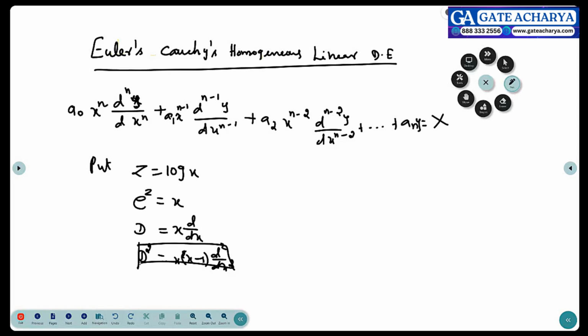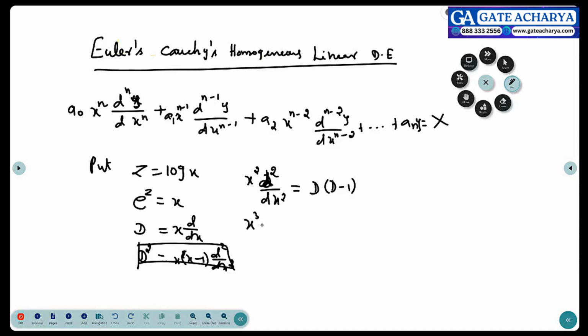So x square d square by dx square is D into D minus 1. Just a minute. X d by dx is capital D. X square d square by dx square is D into D minus 1, and so on.